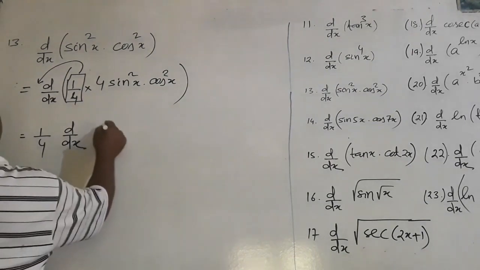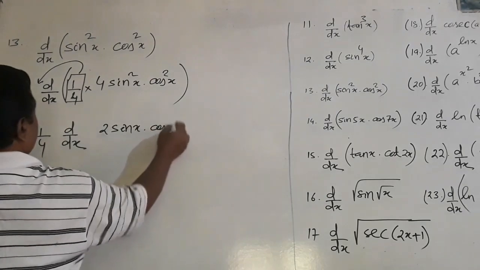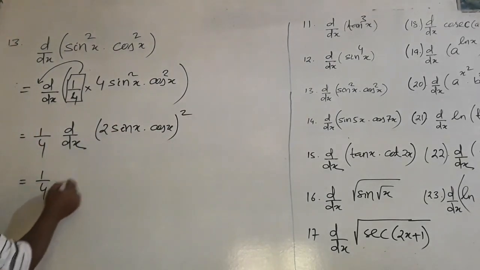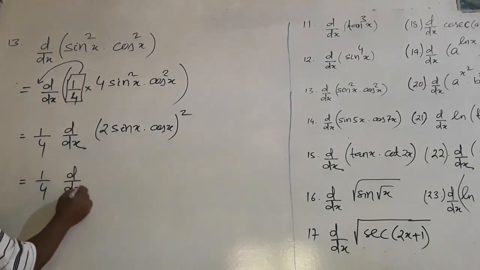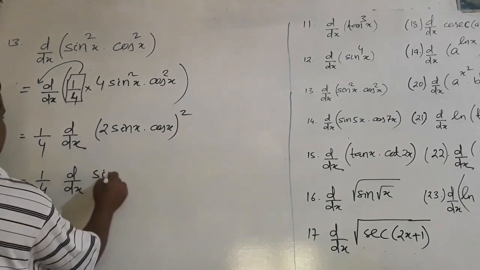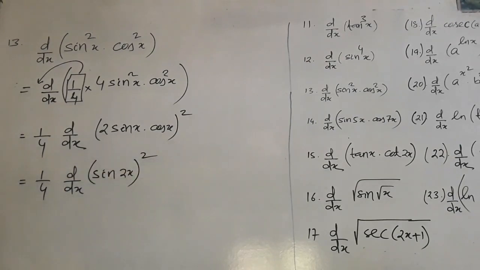That means it is 2 sine x into cos x whole square. And we know 2 sine x into cos x is sine 2x. So the question comes to this point: sine 2x whole square.